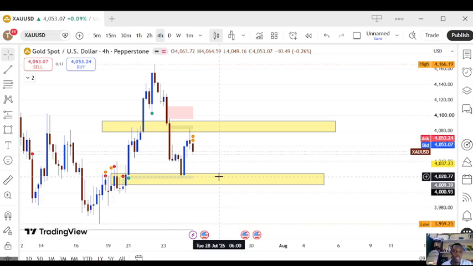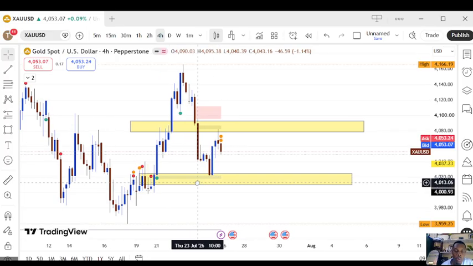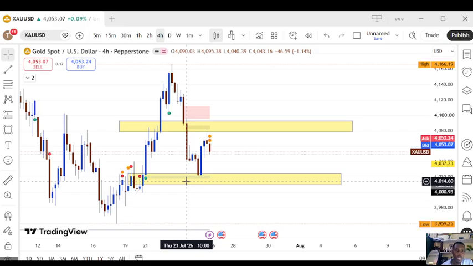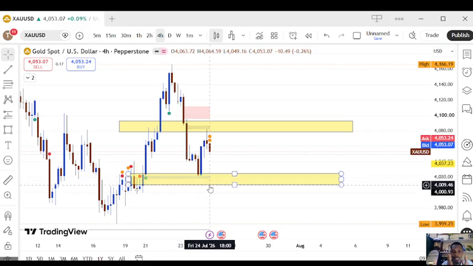If you're waiting at exactly 4,020 and the price only reaches 18, or reaches 21 or 23, you find you have missed the trade. That's why we mark these zones a little bigger, because they are zones, not an exact price. So that's what I'm looking for.